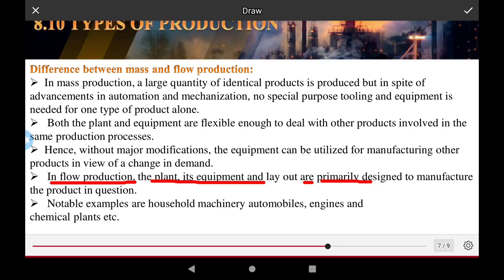The flow production system is applied in household machinery, automobiles, and engines.